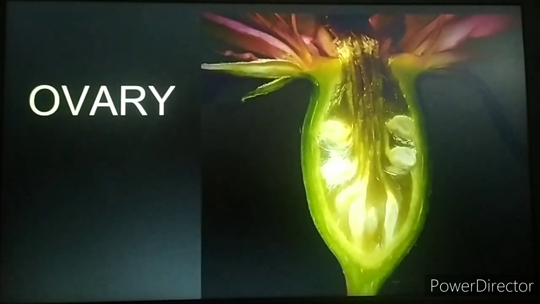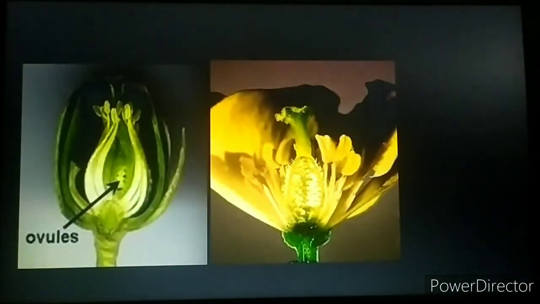These eggs also take part in reproduction, and finally through fertilization they give rise to seed. So after fertilization the ovary matures and forms the fruit, and ovules form the seeds.